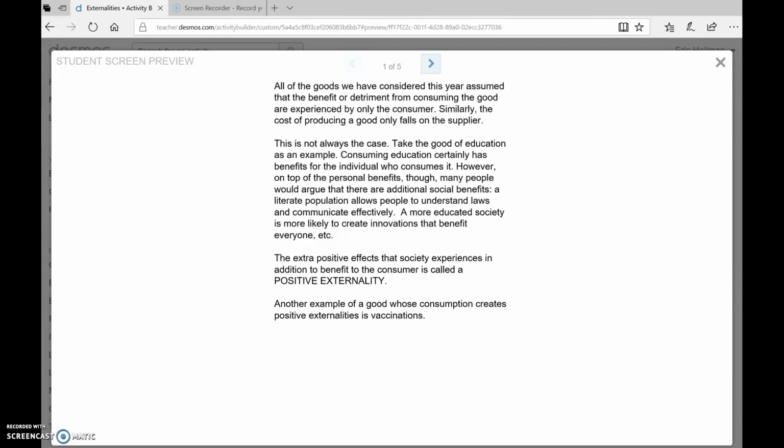Another example of a good that creates positive externality are vaccinations. If you get vaccinated, let's say for the flu, yes, you personally are protected against getting the flu. But if a large enough percentage of the population is vaccinated, it actually ends up protecting people who are not vaccinated as well. The only way an epidemic can happen is if there's enough unvaccinated people for it to infect and get transmitted.